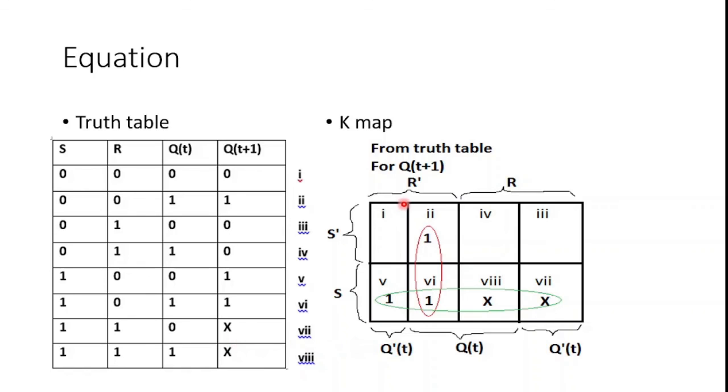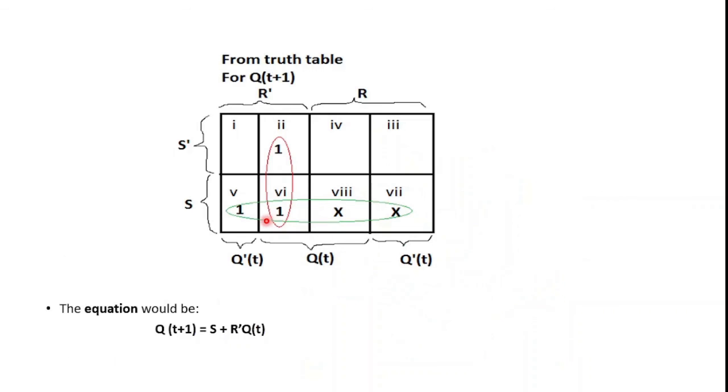So just use the K-map and put the ones in the respective boxes, and if we do the K-map application, then it should be taken like this. So the equation comes out to be S plus R prime, because these two ones are in the R prime region and Qt region, so it's S plus R prime Qt. So that's it, you have your equation.